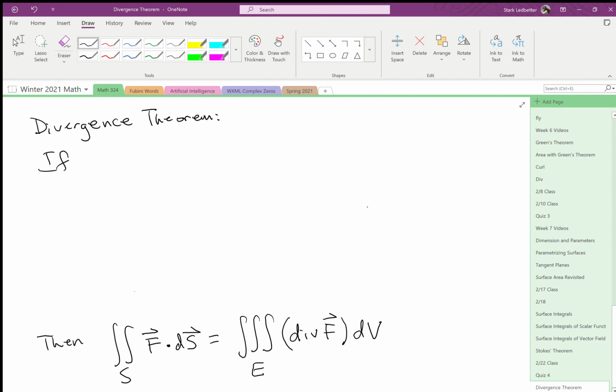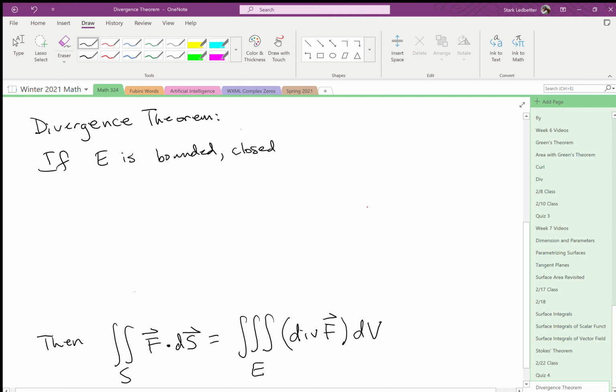We're also going to write out the conditions. Basically, the conditions say everything's nice. So E is bounded, meaning there's nothing going off to infinity. For example, you couldn't use the first octant as a region. It has to be bounded.